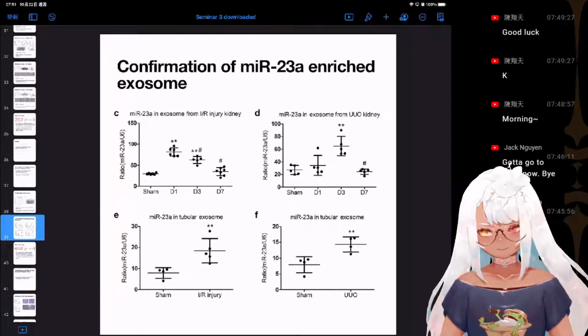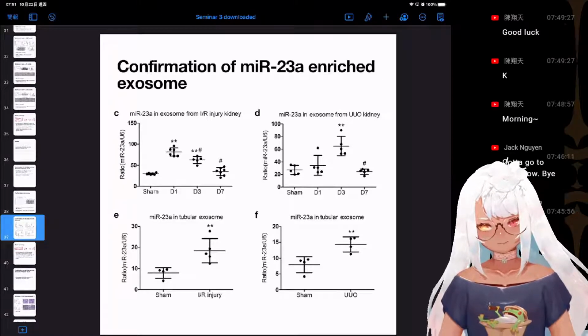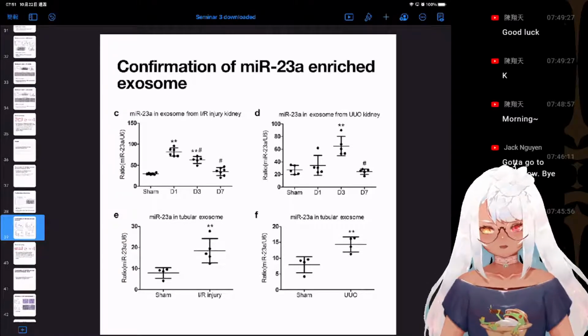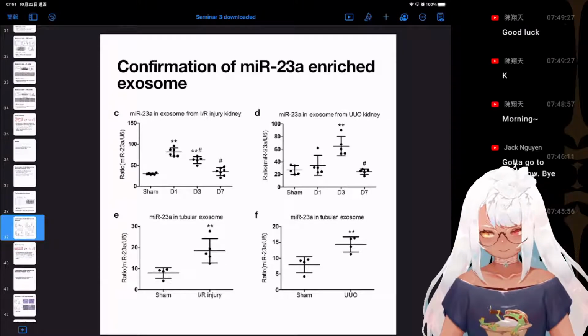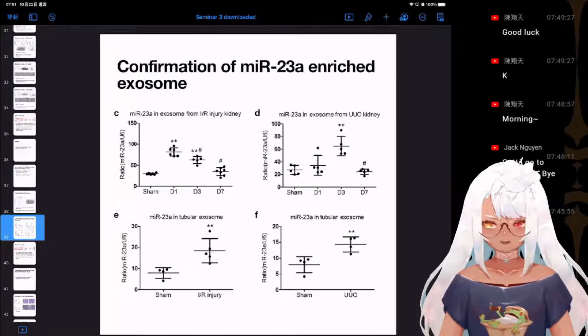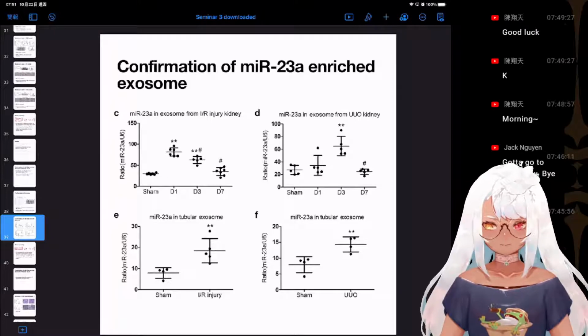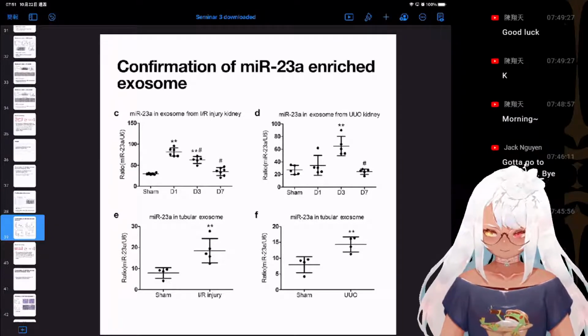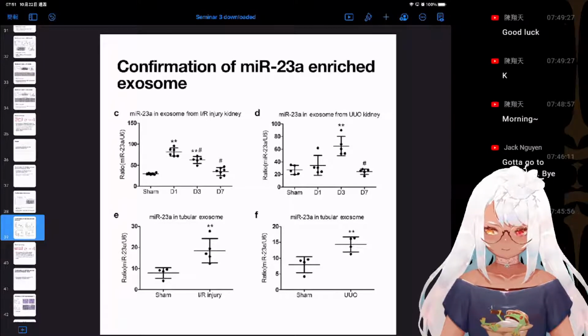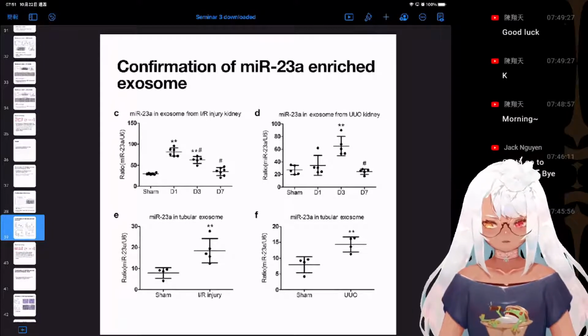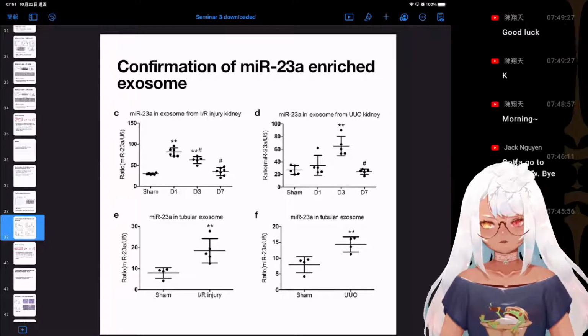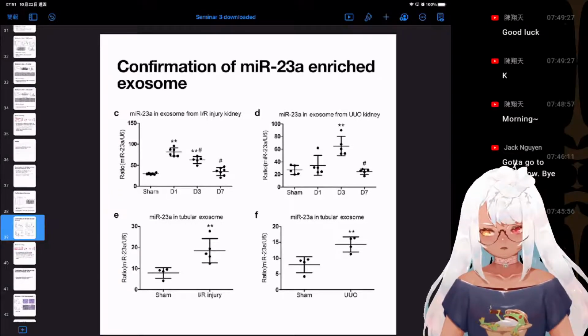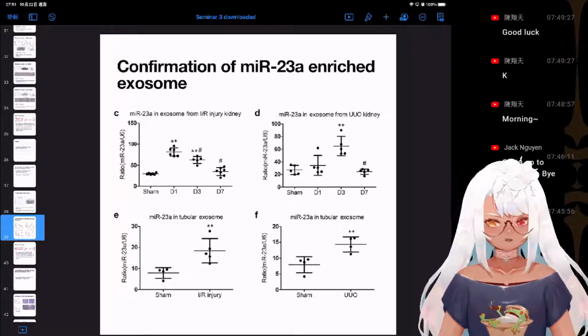Then these exosomes are subjected to RT-qPCR to see whether there is miR-23a inside. And we can see a significant increase of miR-23a at day 1 and day 3 after the injury in both models.